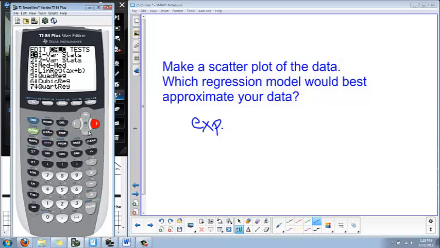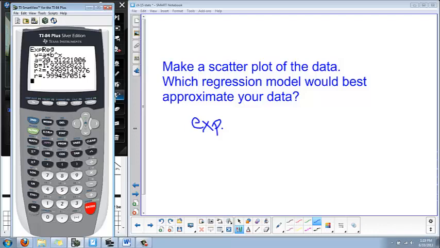And if we wanted to actually figure out what it was, you could go stat, calculate, and then let's figure out what the exponential equation actually is that fits it. We can go down here to exponential regression, that's 0, hit enter, and I want to tell it to look in list 1, comma, list 2. I'm going to hit enter, and there you go.